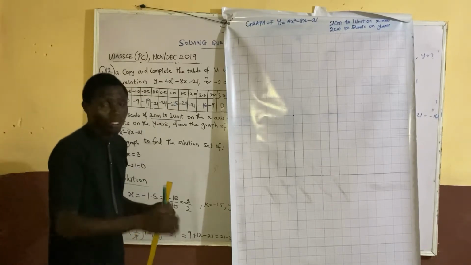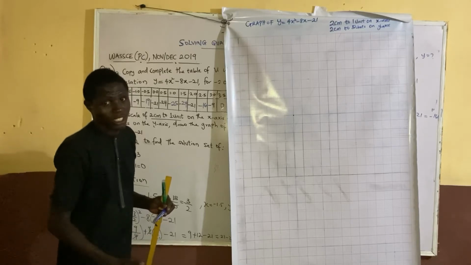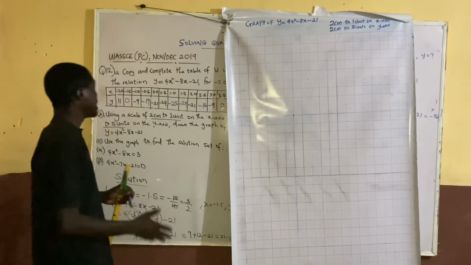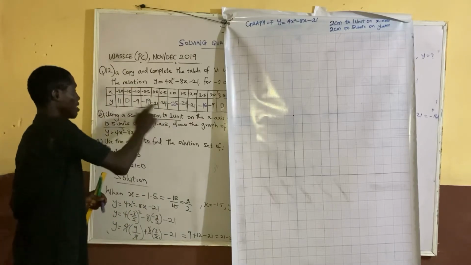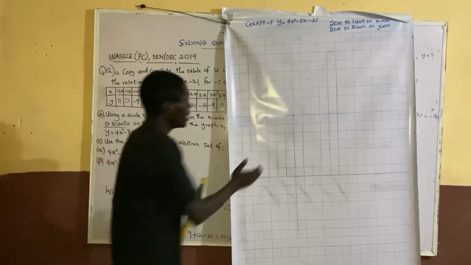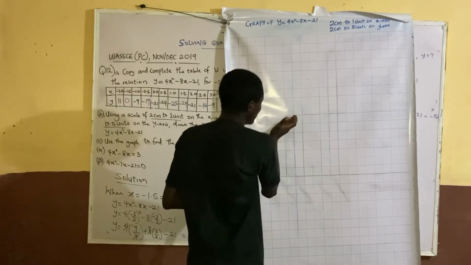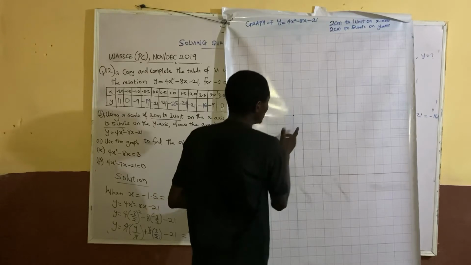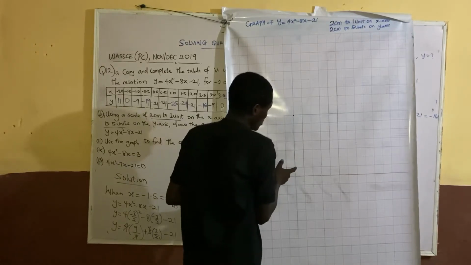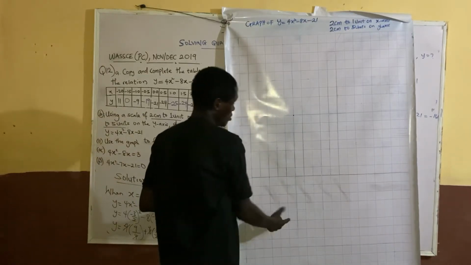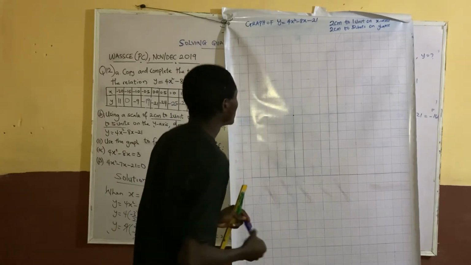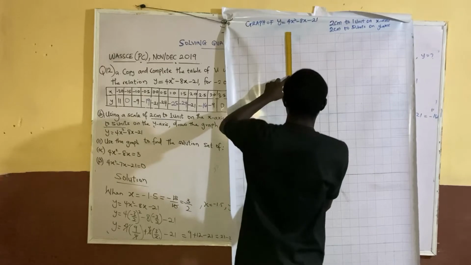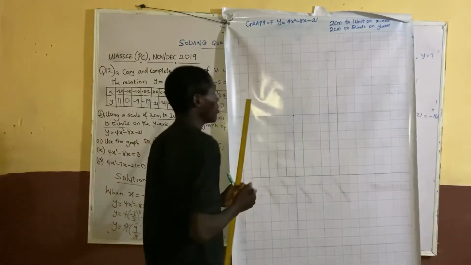So I'm going to leave more space in the negative part of y, because I'm going to 25 and here I'm going to 11. That's why this place is the best position for me to draw, because if I start reading here, 2 cm to 5 units, I'm going to have 5, 10, 15, 20, 25. So can we draw that vertical line now? This point is a very good location to start our graph.